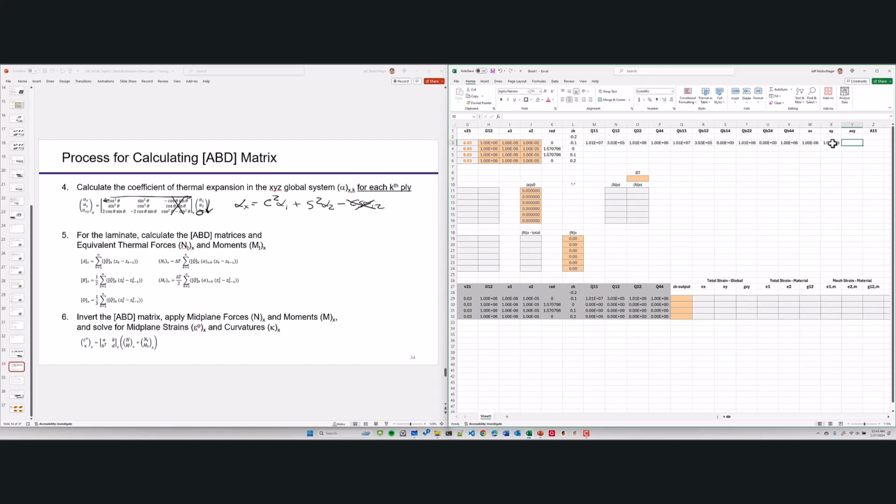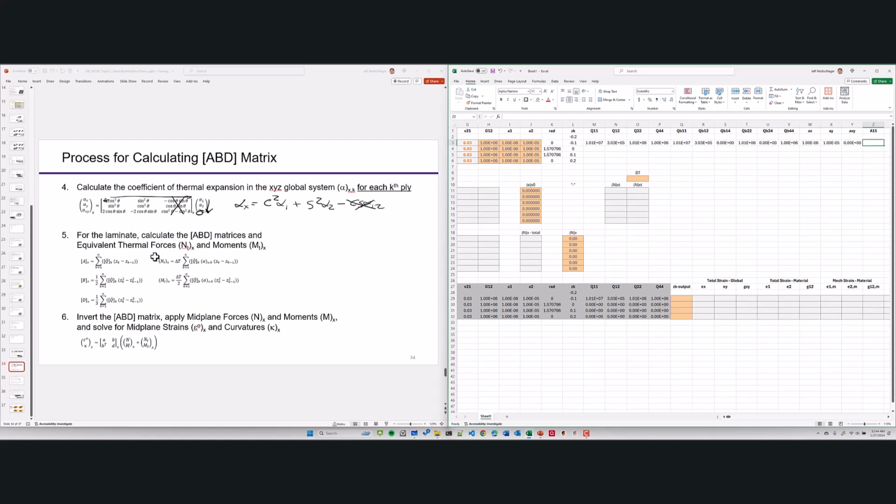Okay, and then my alpha xy is going to be equal to 2 times alpha 1 times the cosine of theta times the sine of theta, and then minus 2 times alpha 2 times the cosine of theta times the sine of theta. Just finishing off that third calculation right here in this math. Okay, so now I've got my alpha x, alpha y, alpha xy. Everything looks good, and I'm ready to move on.